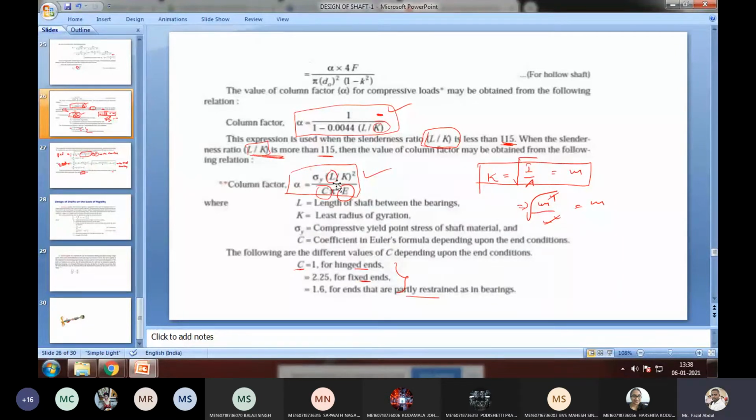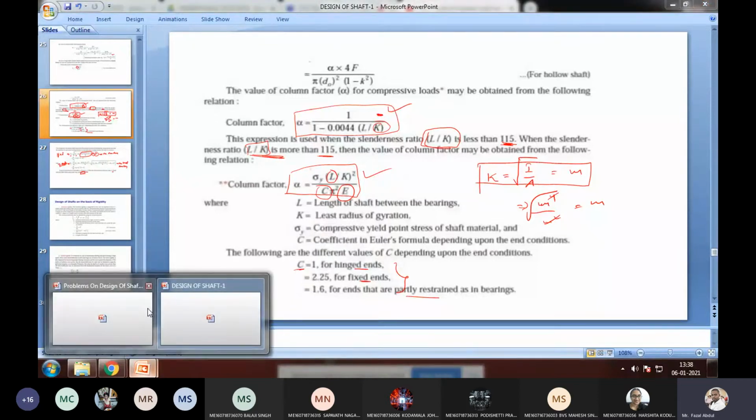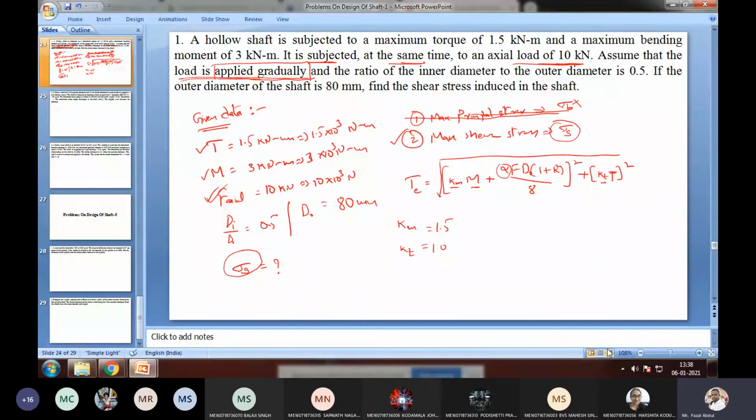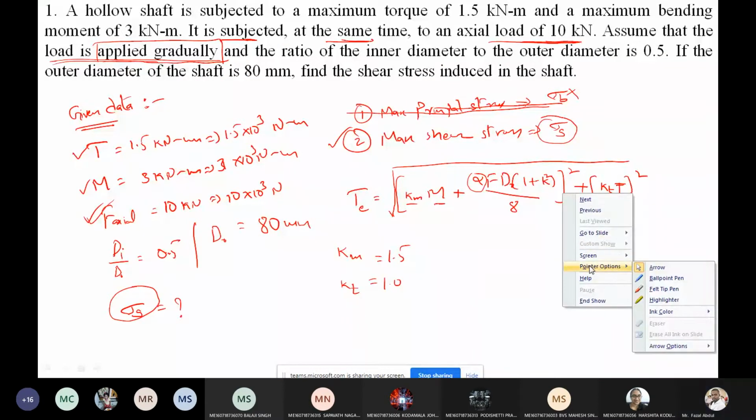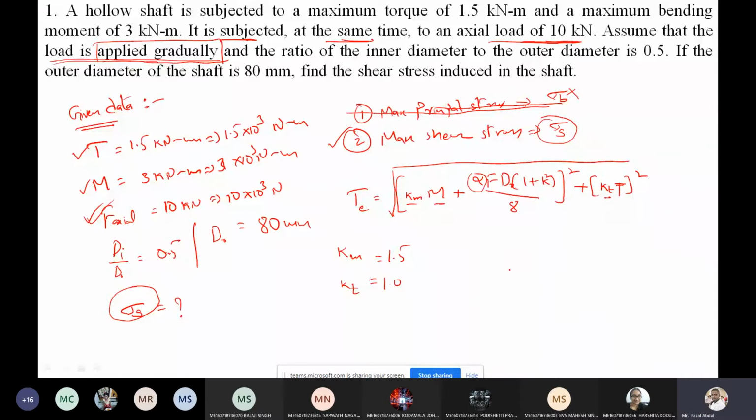Here, to calculate L by K, we need the length of the shaft and the radius of gyration of the shaft. These two parameters we need. But in the question, we don't have sufficient parameters to calculate L by K. L is the length of the shaft, K is the radius of gyration.